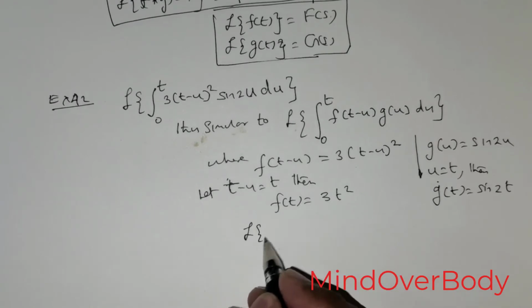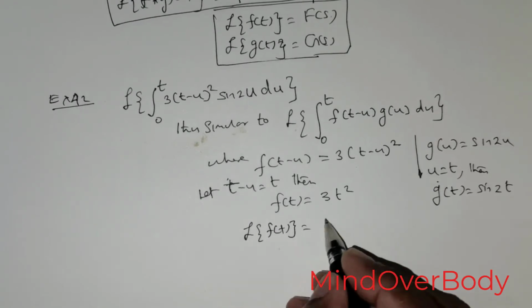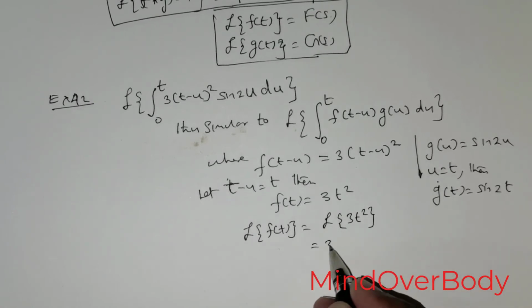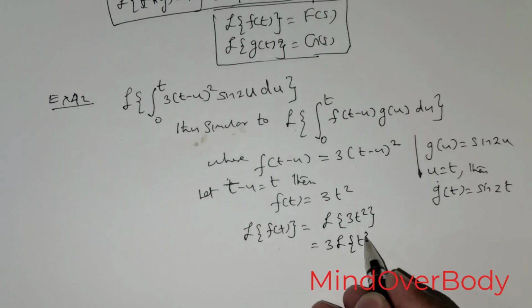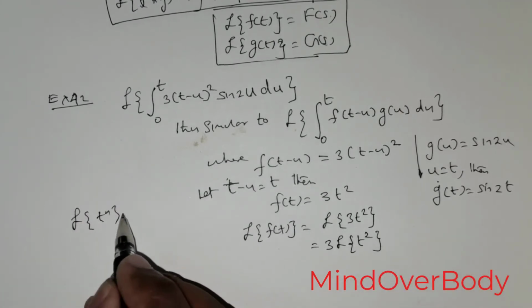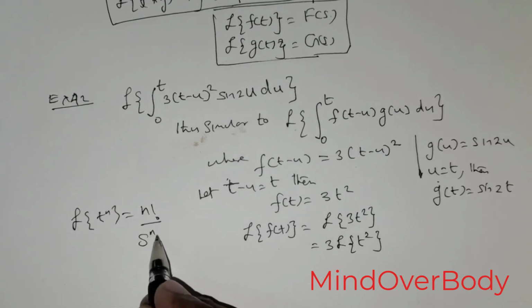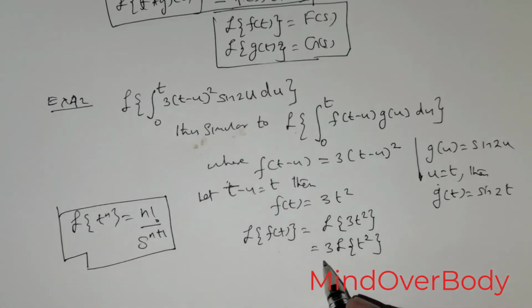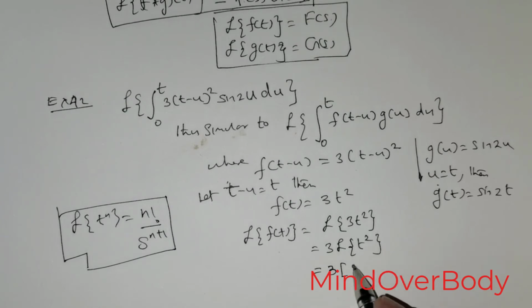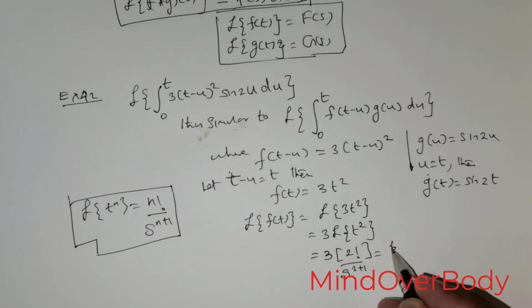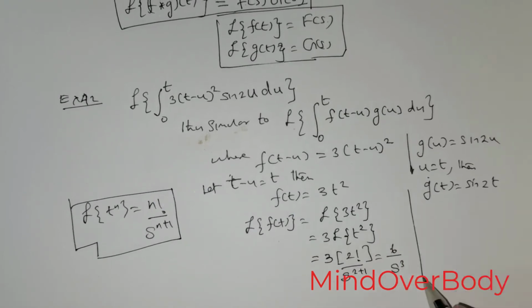Now let us find the Laplace transform of f of t, which is nothing but the Laplace transform of 3 times t squared, which is 3 times the Laplace transform of t squared. Now we know that the Laplace transform of t power n is n factorial divided by s raised to the power of n plus 1. So this is equal to 3 times 2 factorial divided by s raised to the power of 2 plus 1, which is 6 divided by s cubed.